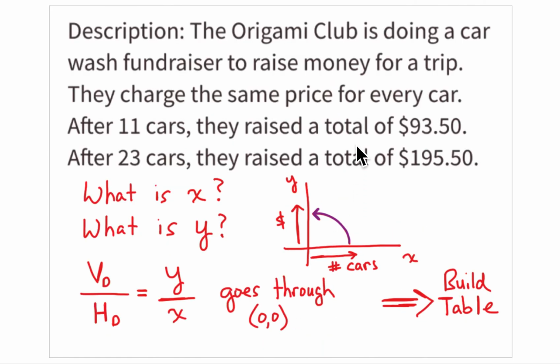And finally, the 4th representation. So you have the table, the graph, the equation, and finally, what's the story behind the problem? Most of the time, you're going to be given this. Then you use this information to start to build a table. So 11 cars, $93.50, and so on. Then you use that information to create the graph.